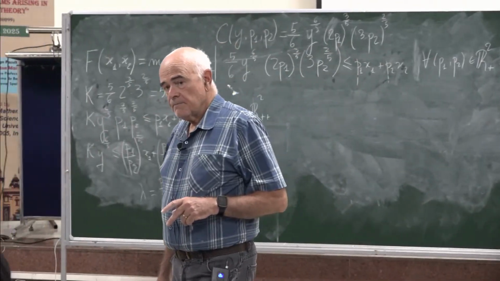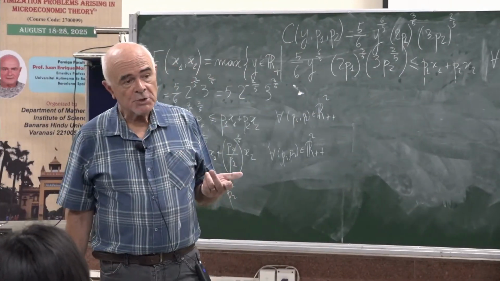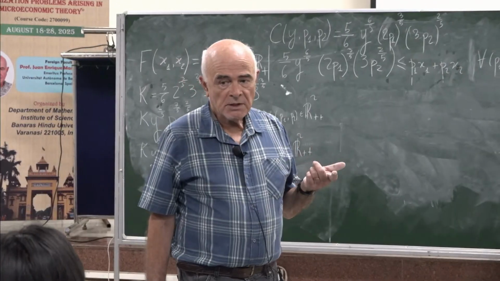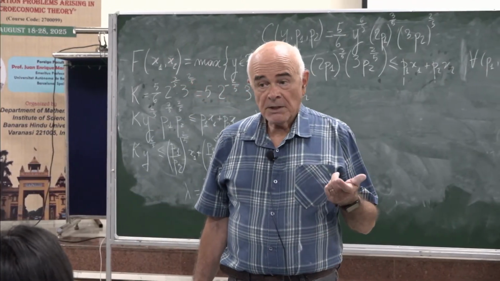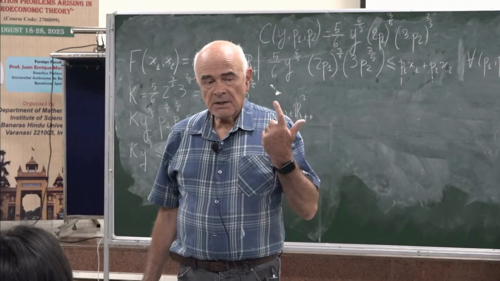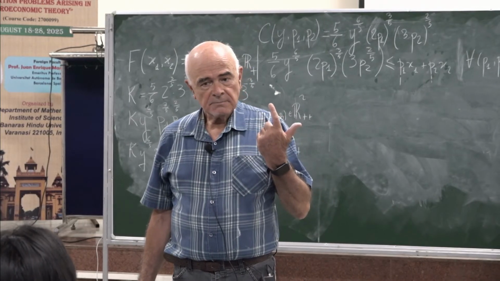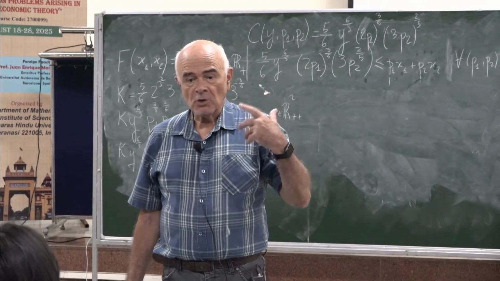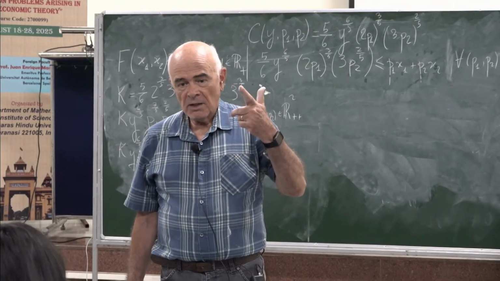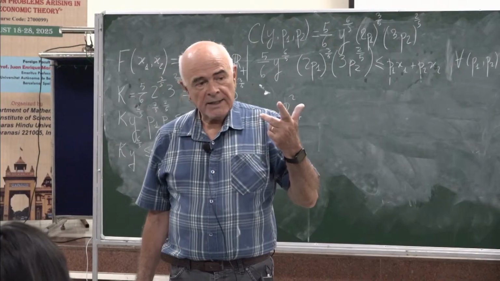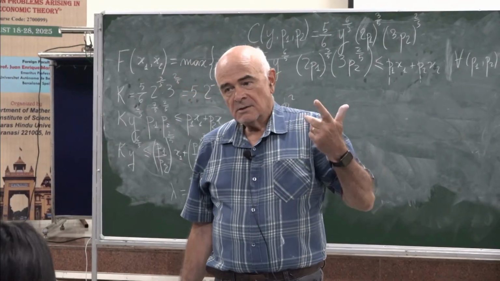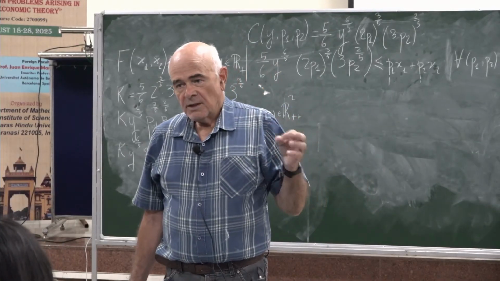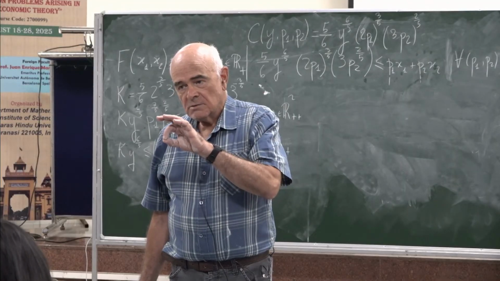In other words, there may be many production functions inducing the same cost function, but there is only one that has all the good properties. One with the good properties can be recovered from the cost function. So I cannot have two different regular f inducing the same cost function.